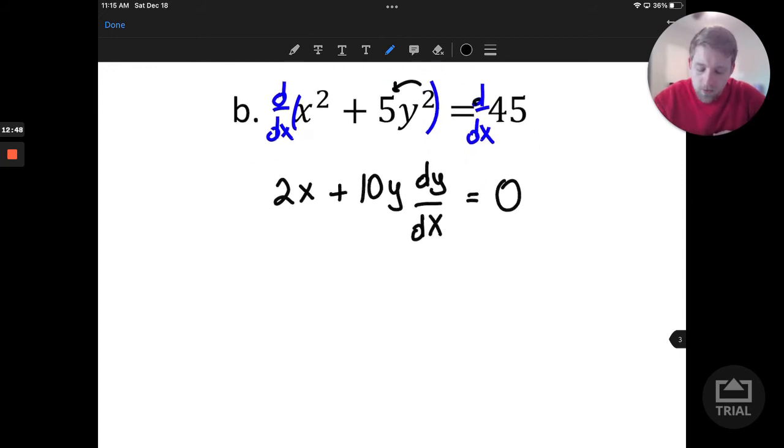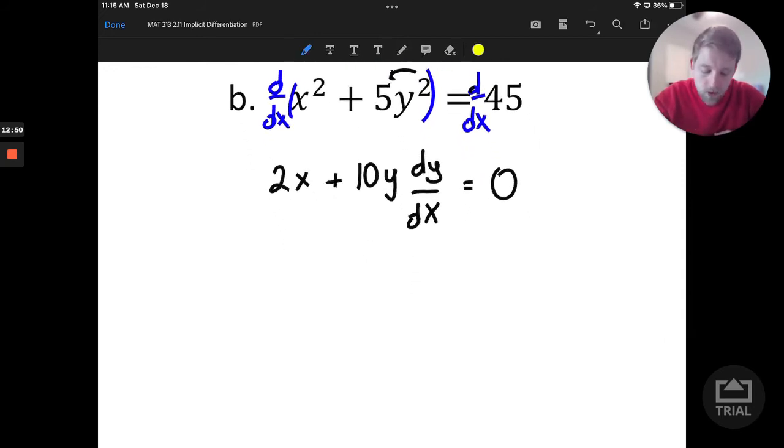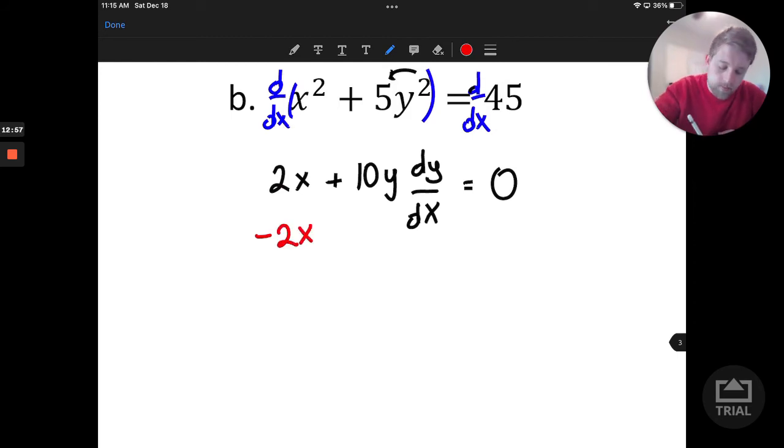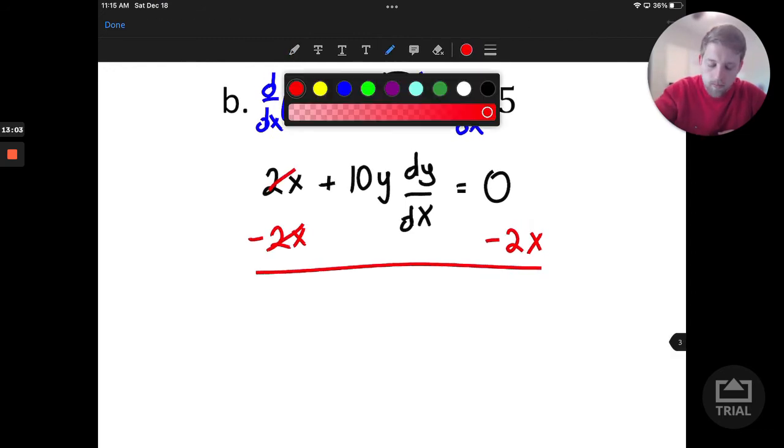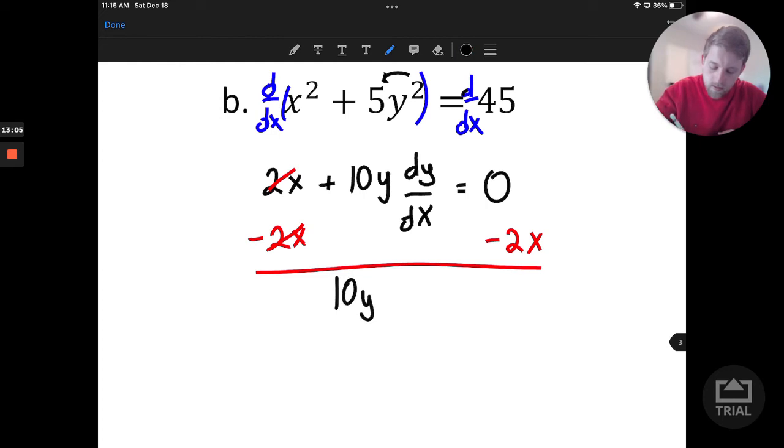So let's walk this through for the dy dx term. We can subtract the 2x on both sides. And then we could go ahead and divide both sides by the 10y.